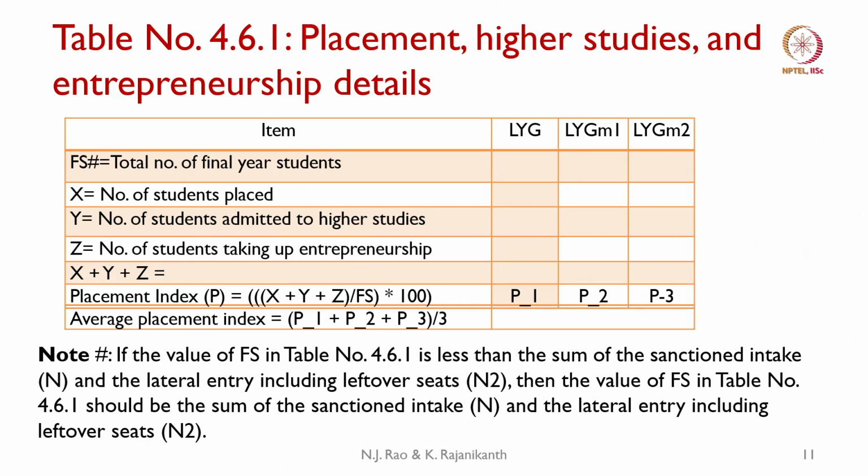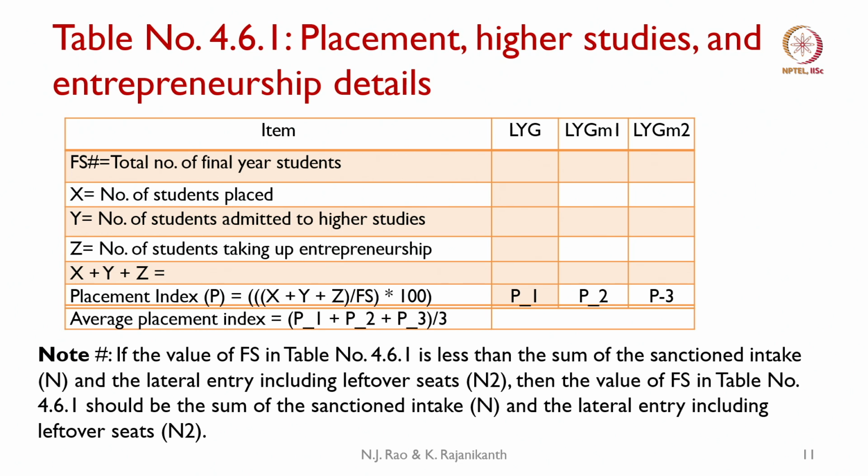So, add all these three, x plus y plus z, and consider the ratio of this vis-a-vis the total number of final year students. So, x plus y plus z divided by Fs, treated as a percentage, becomes the placement index. Take this placement index for 3 graduating batches: LYG, LYG minus 1, LYG minus 2.